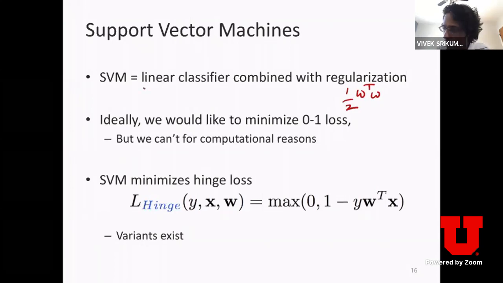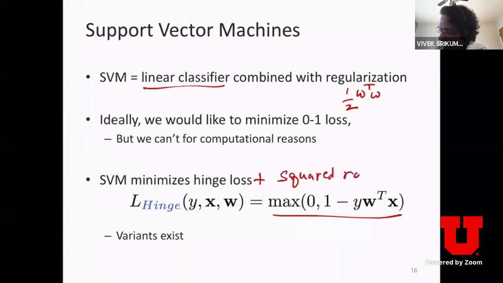The classifier that I'll use is a linear classifier, and the loss that I will use is a hinge loss. So the SVM minimizes the hinge loss plus the squared norm regularizer.